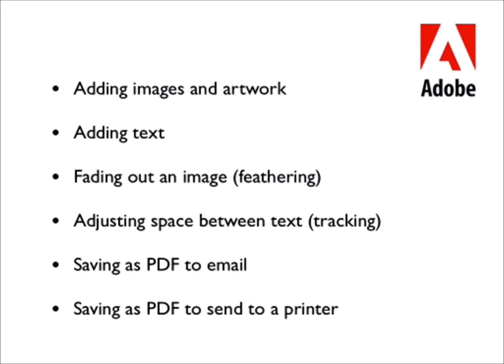At the bottom of the document, we made the image fade out, and the correct term for that is feathering. So we feathered an image, and then we adjusted the space between text, which is known as tracking. So we made the text have some extra wide space between it so that we could read between the flourishes on the RSVP. Finally, we saved the whole thing as a PDF so that we could email it out.